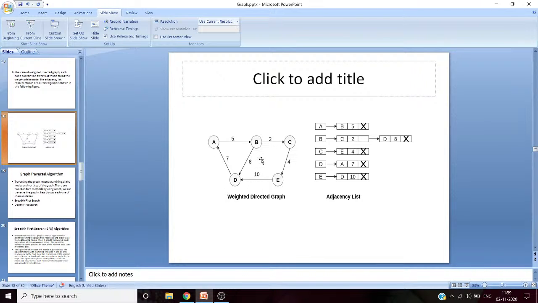Here in this weighted graph, every edge has a particular weight, 5, 7, 8, that are put in the middle place, and if they have any further node, that will be continued or it will be put null. This is how the representation of a weighted graph is done. I hope it's clear. If there is anything, feel free to ask me.